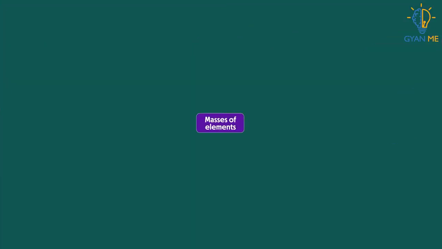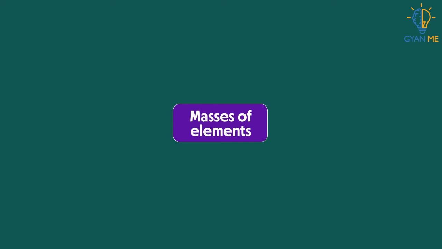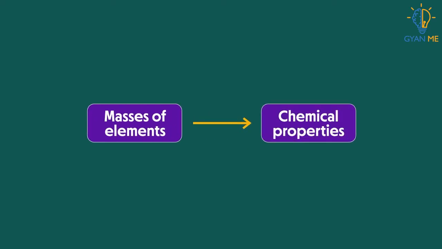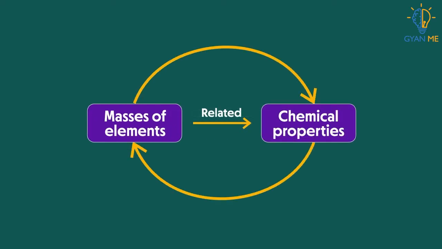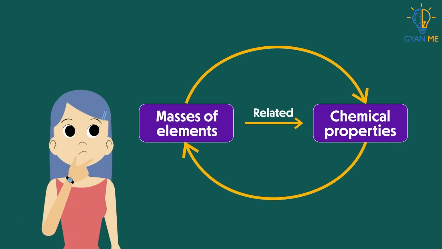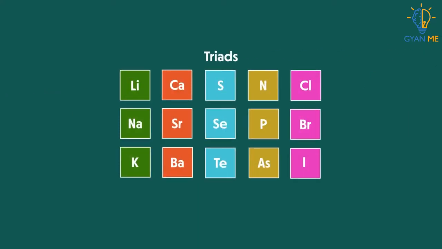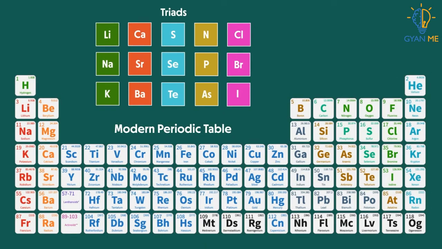So now we have a view that masses of elements and their chemical properties are related somehow. And how can we say that it was a start of an idea in the right direction? Okay, now take these triads and arrange them in vertical rows and compare them with the modern periodic table.